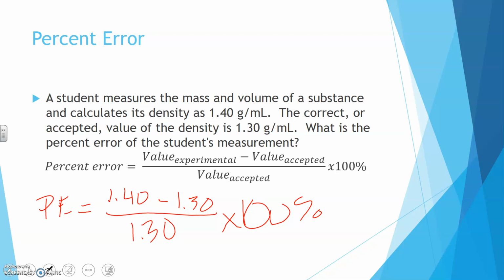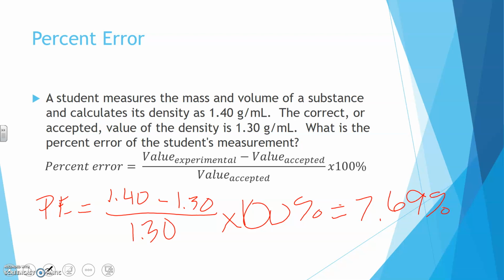So you end up with your percent error is 7.69 percent, because you did multiply it by a percentage. So you are almost 8% off of the actual value. Usually it's considered a fairly accurate measurement if it's under 5% off.